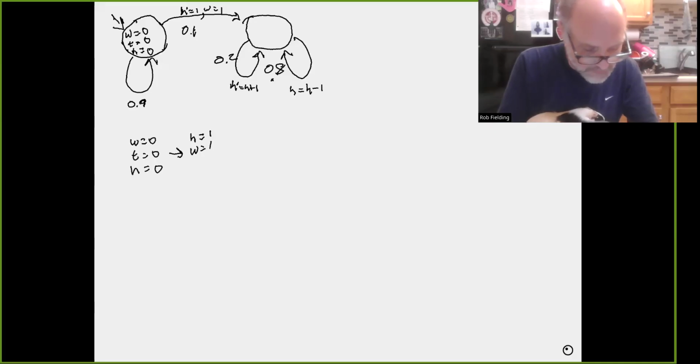And if it happens again, it'll be more hunger or less hunger, right? So H is now equal to 2, because we took this 0.2 probability transition. So now she's at hunger level 2, thirsty is 0, and she's awake. So that was a change.